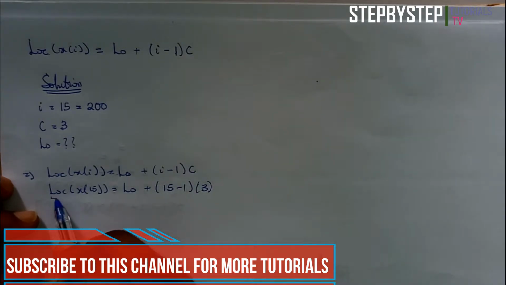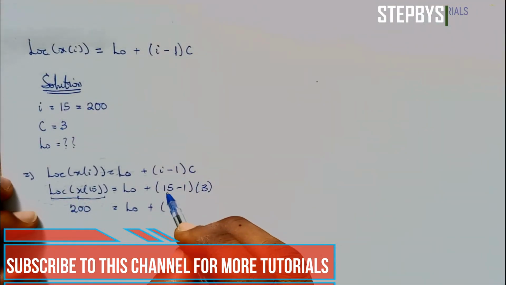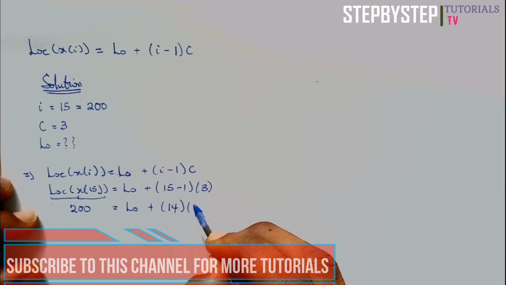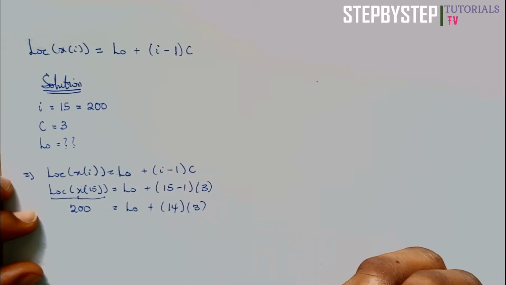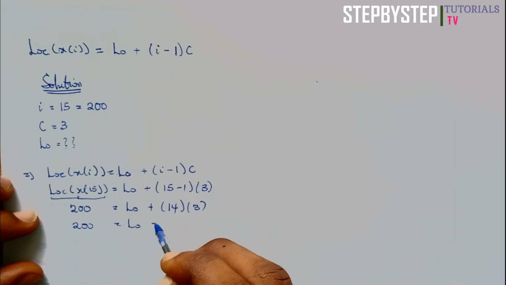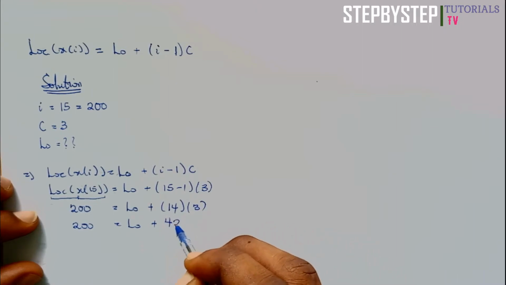We're told that the entire location, the address of the 15th element, is 200, so we put that there. Then we have LO plus 15 minus 1, which gives us 14, into bracket 3. So 200 equals LO plus 14 times 3, which gives us 42.